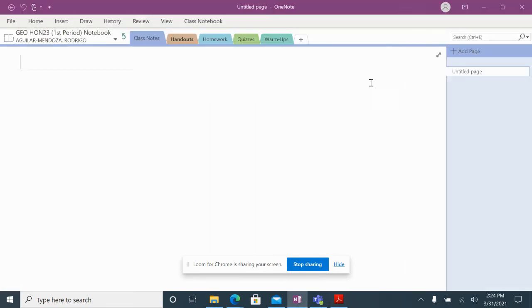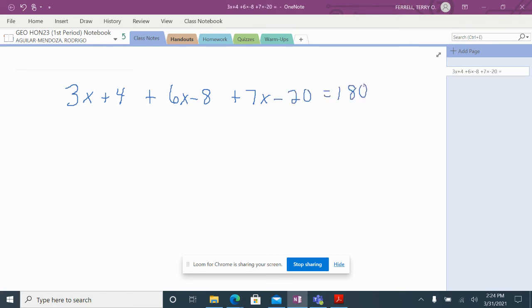So let's pull up a notepad so I can do that. So I am going to have, in blue, 3x plus 4 plus 6x minus 8 plus 7x minus 20 and set it equal to 180.